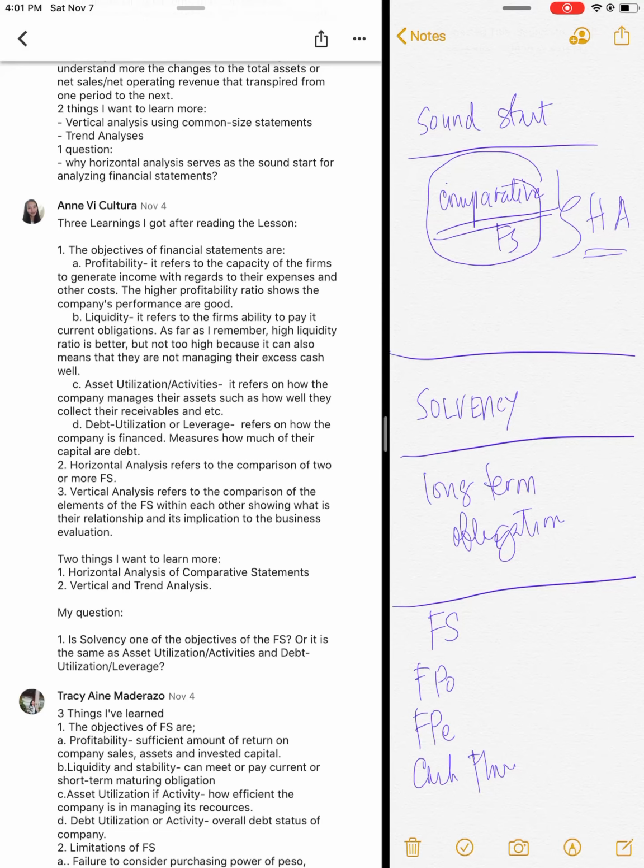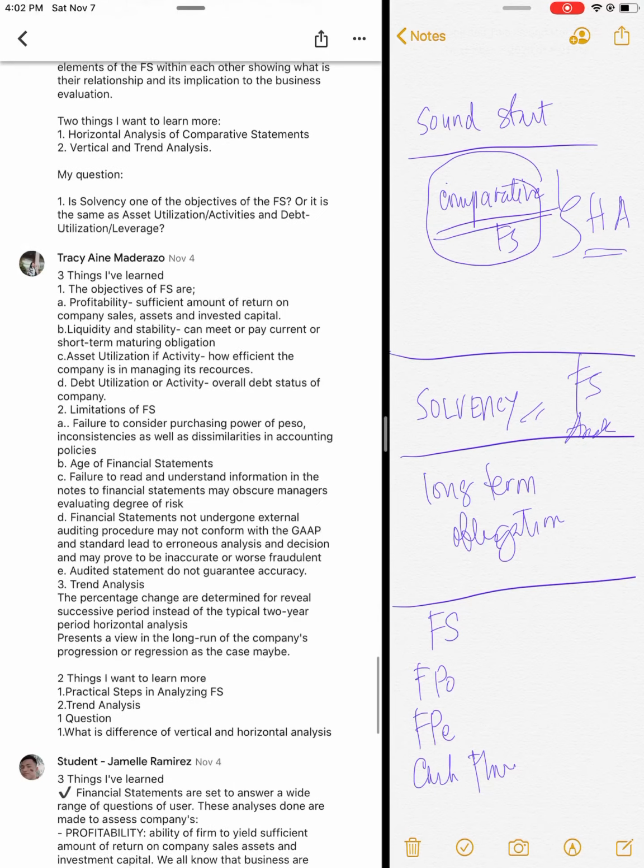Yan lang naman yung sinasabi na objective ng financial statements. However, identifying solvency is actually one of the objectives of FS analysis. And it needs to be clear that financial statement is different from financial statement analysis because FS is actually the output of financial accounting. FS analysis is the evaluation and interpretation of your financial statements.